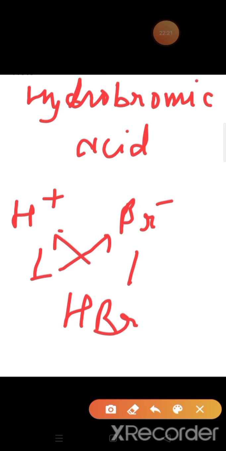Carbonic acid. Now what is carbonic? First, acid means H positive.